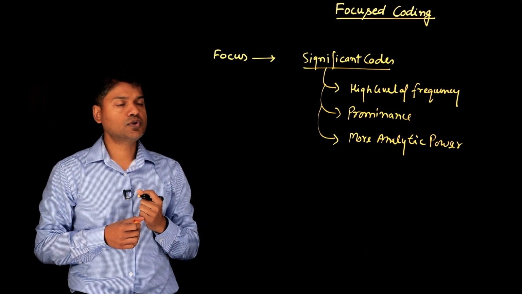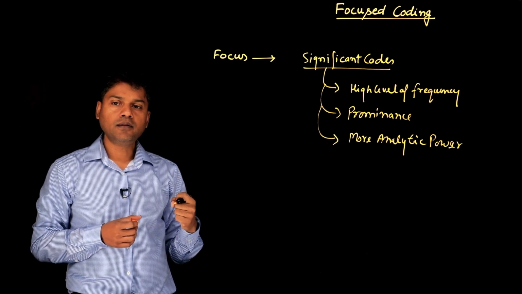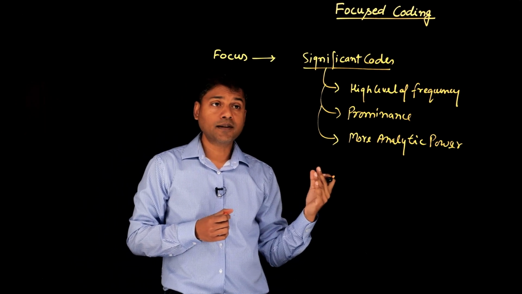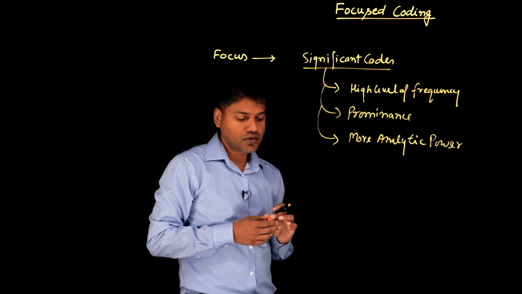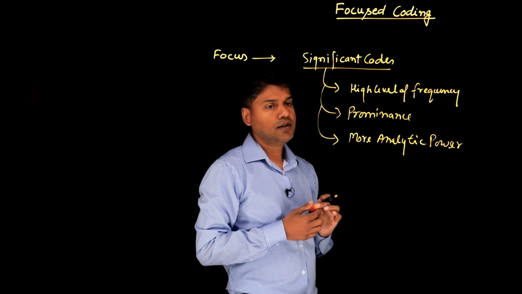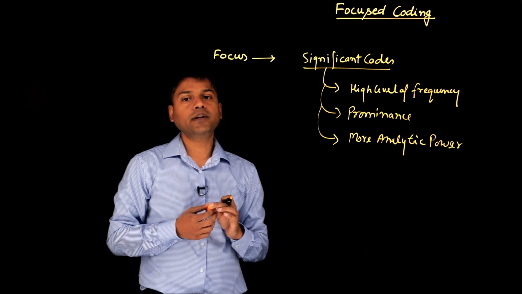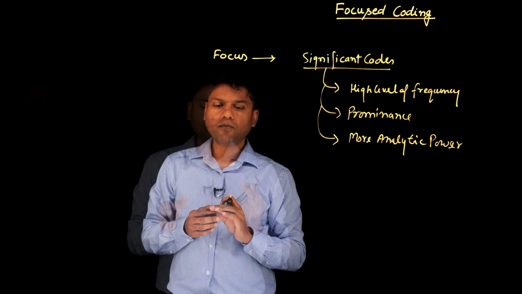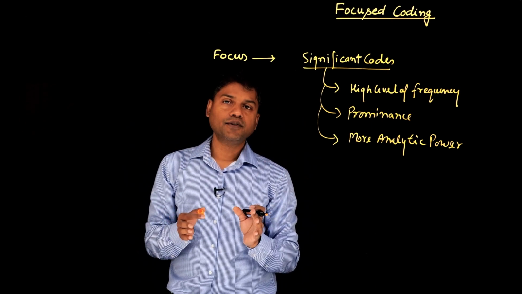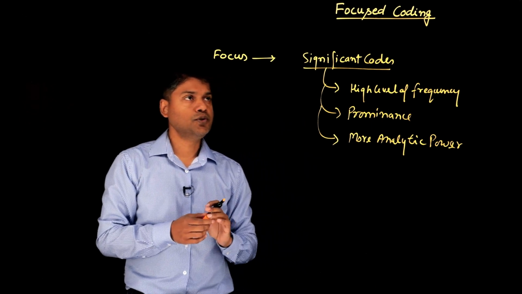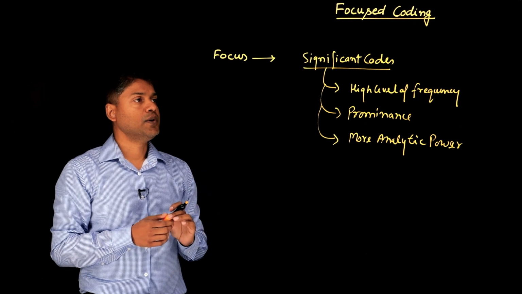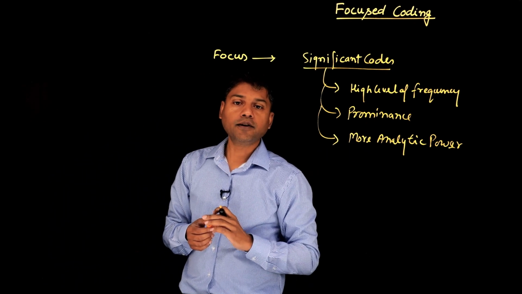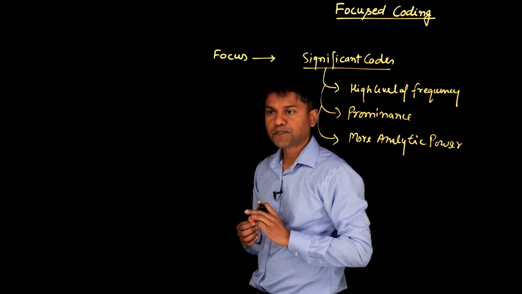What are the codes which can explain the phenomenon more deeply, more holistically? Then you choose these codes and do focused coding on them. You don't focus on all the initial codes. You're choosing codes which you think are significant, with a very high level of frequency, very prominent, and with more analytic power to explain the phenomenon.